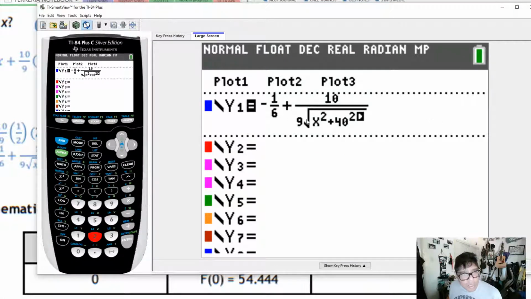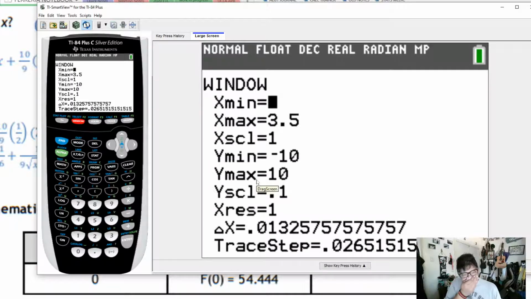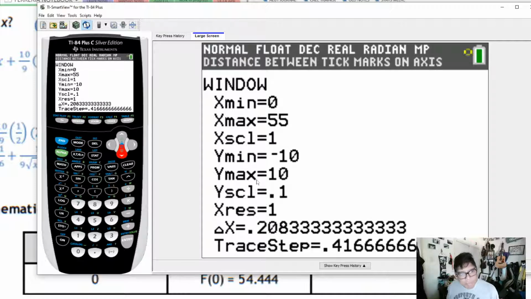Okay, we put that derivative into y1, and we're going to set a window now. We know the minimum that x could be is 0. The maximum x could be is 55. And I'm going to keep y min and y max at negative 10 and 10. Because if you'll remember, I'm not particularly interested in the shape of the derivative.